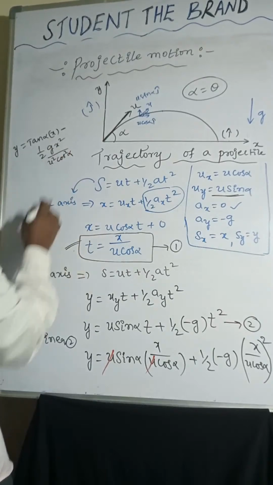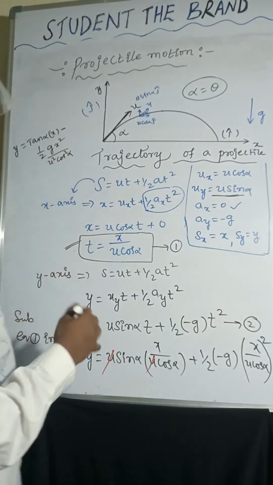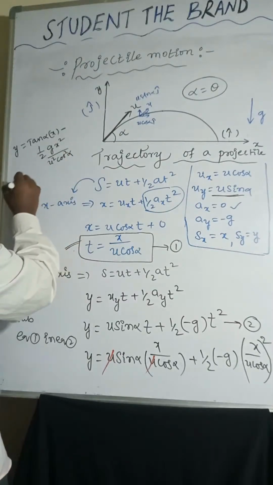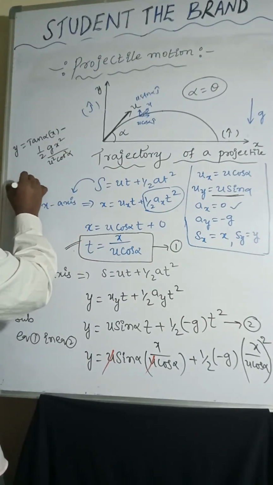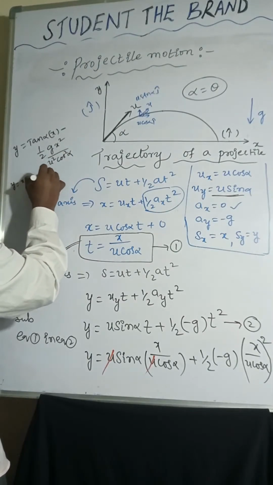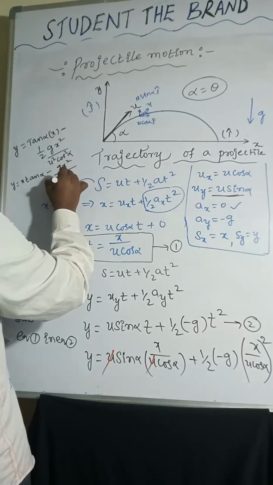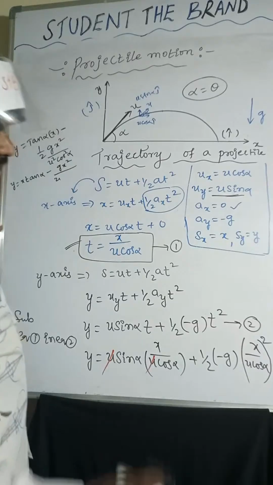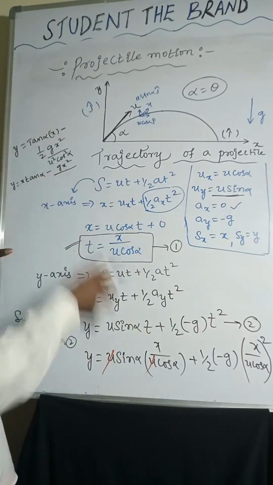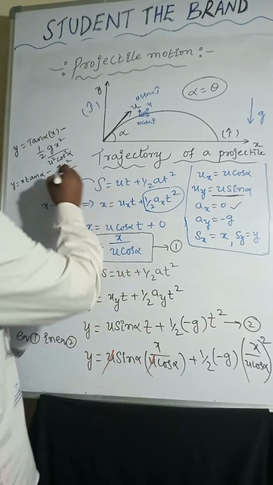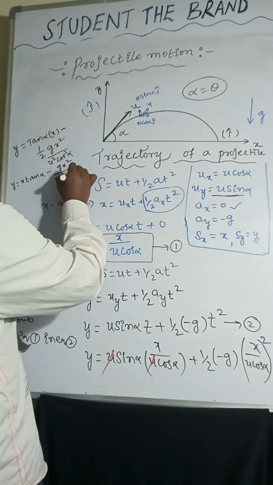Taking the final equation, y equal to x tan alpha minus g x square by 2u square cos square alpha. That is the final formula.